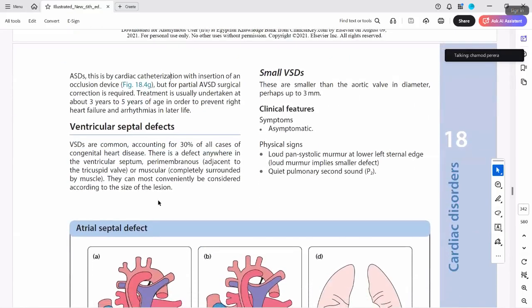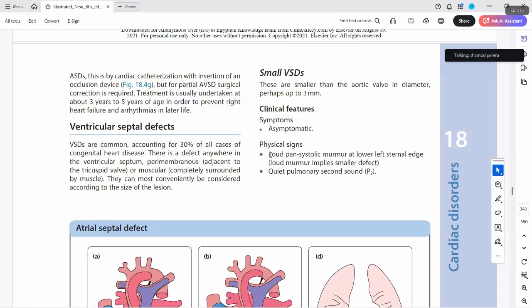VSD accounts for 30% of all cases; it is the commonest congenital cardiac defect, right? It is there in the ventricular septum. Again, there are two types: the perimembranous and the muscular VSD, right? A VSD of up to 3 millimeters is called small. I don't think you need to know the figures, right? The patients can be asymptomatic or symptomatic.